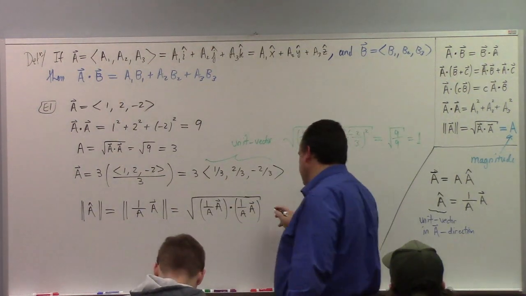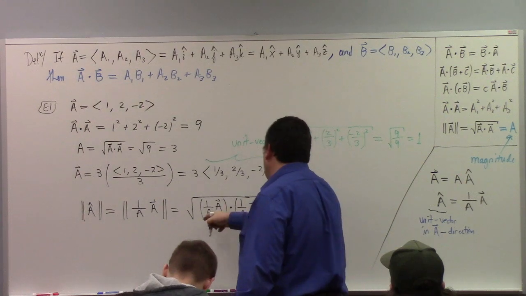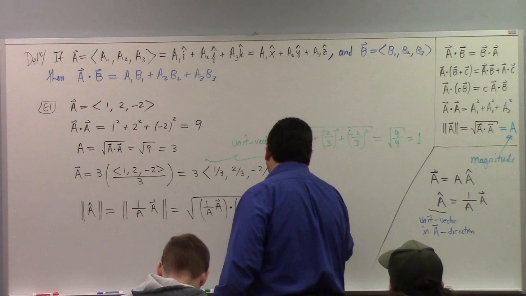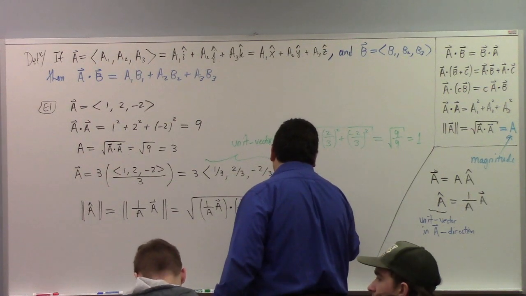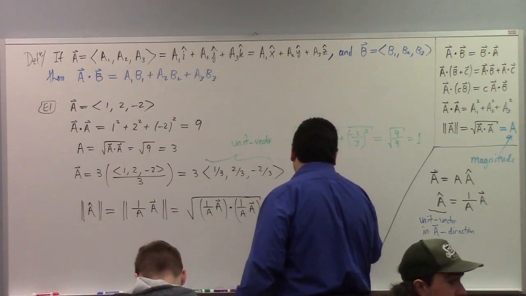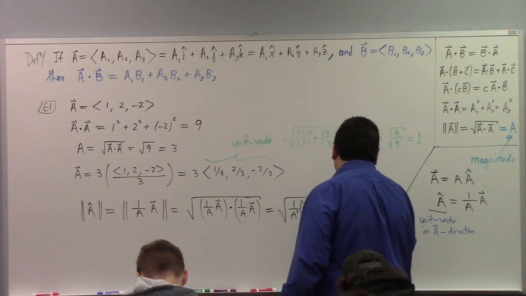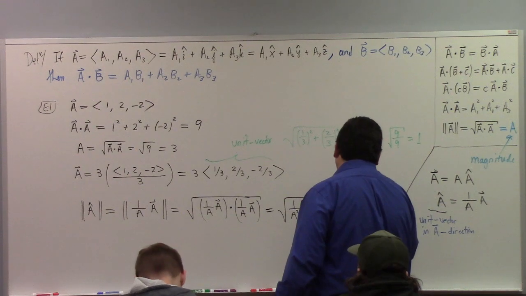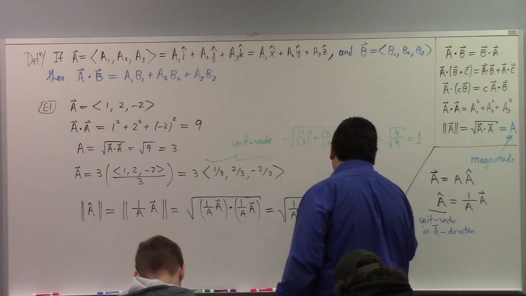So what happens there? You got 1 over |a|, those are just numbers. So this is 1 over |a| squared, and then you've got a dot a, which is what? Well, it was 9 for my example, but we've left that example behind.